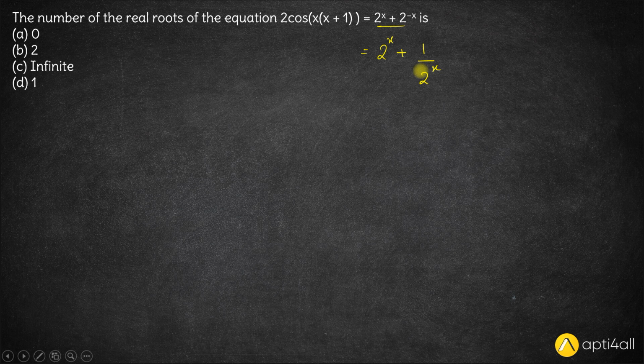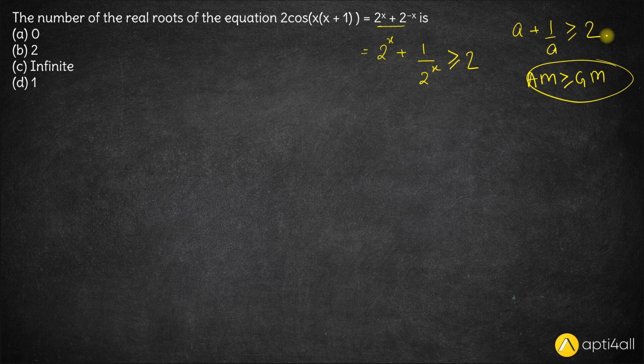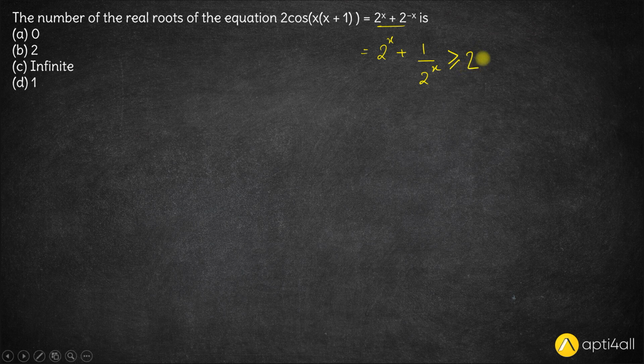Now we know a positive number and its reciprocal, the sum of these two will always be greater than or equal to 2. So any positive number and its reciprocal is always greater than or equal to 2. We have seen this using the AM greater than or equal to GM property, right? So 2 to the power x plus 1 upon 2 to the power x will always be greater than or equal to 2.